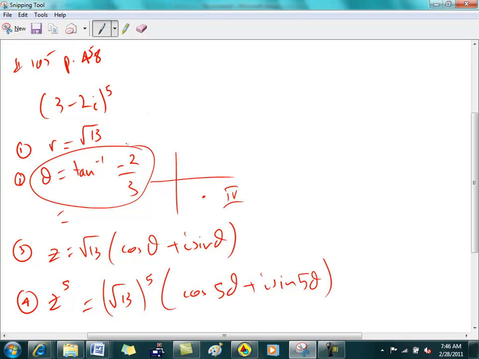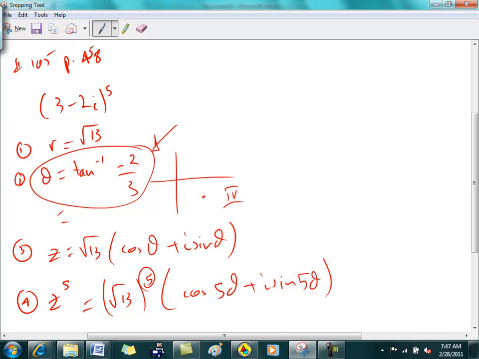From De Moivre's theorem, what does De Moivre say? You multiply the angle by that exponent. No, I'm just leaving everything on the calculator, because theta is not a friendly angle.